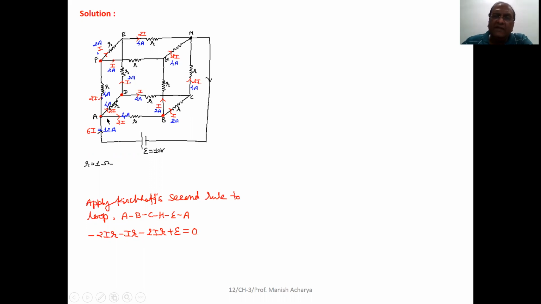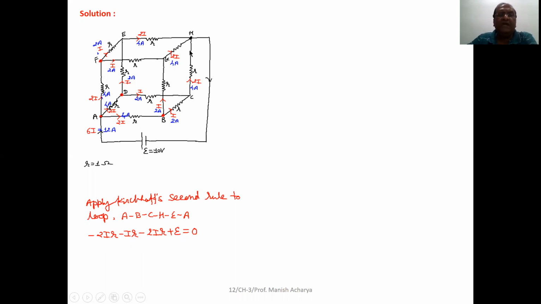Start from A. So 2I current is flowing through resistor R in the direction A to B, and you are also moving in the direction A to B. The potential difference is minus 2IR. Then B to C, current through the resistor R is I, and we are moving in the direction of the current, so potential difference is minus IR.